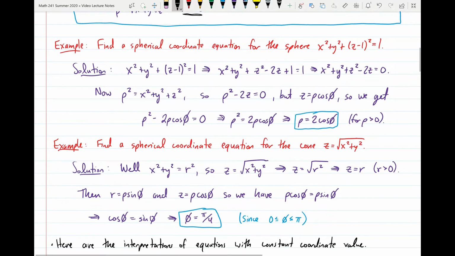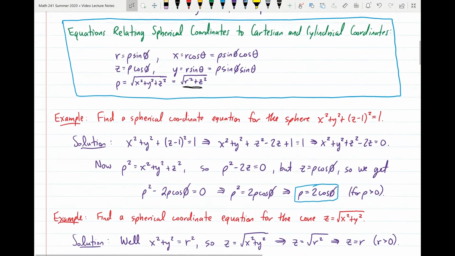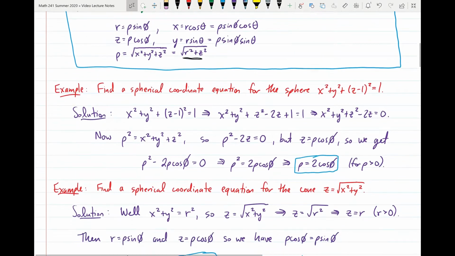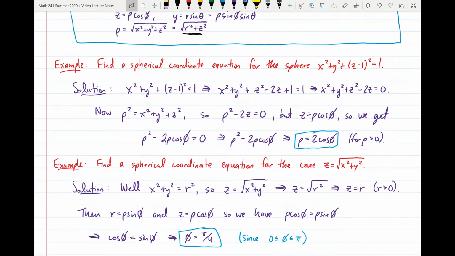And now we can do a bunch of substitutions based on these rules that we have above. So we know that rho is equal to the square root of x squared plus y squared plus z squared, which means that rho squared will equal x squared plus y squared plus z squared without the square roots. And so we can substitute rho squared in for this x squared plus y squared plus z squared here.